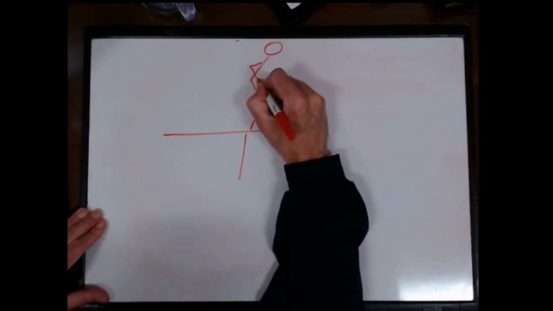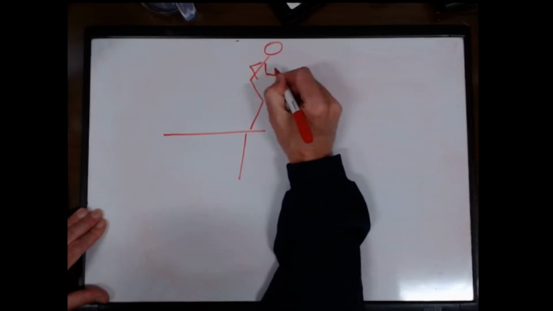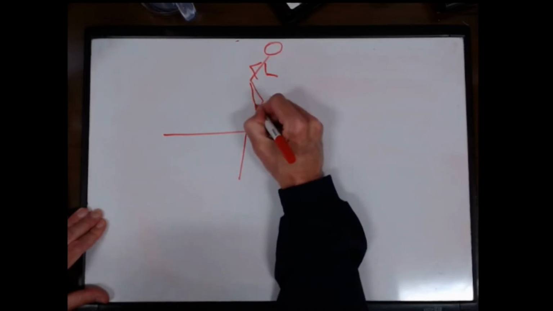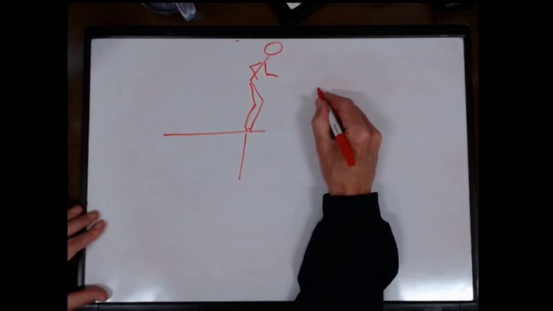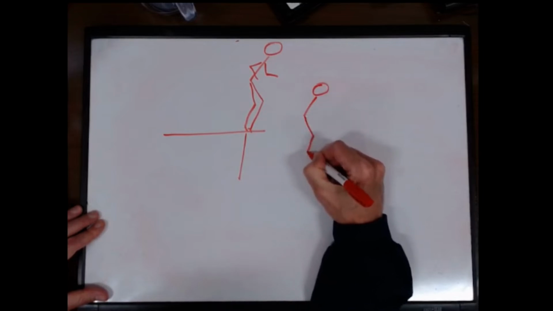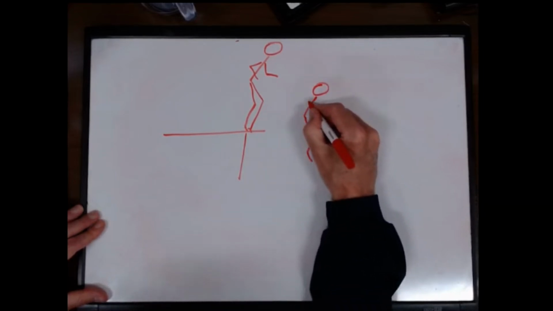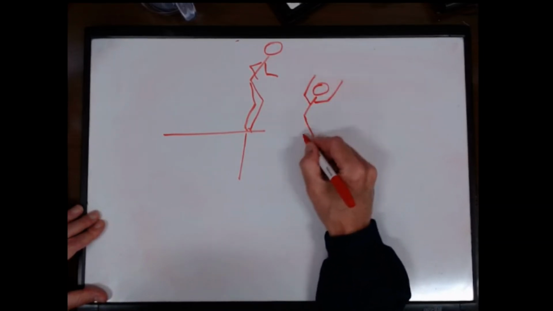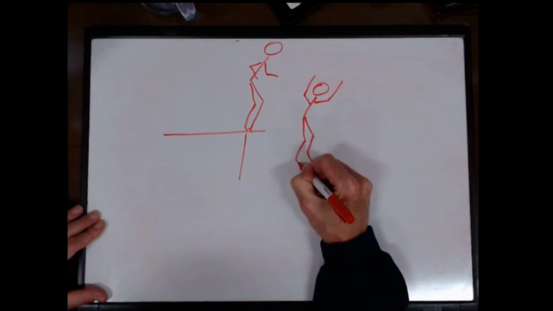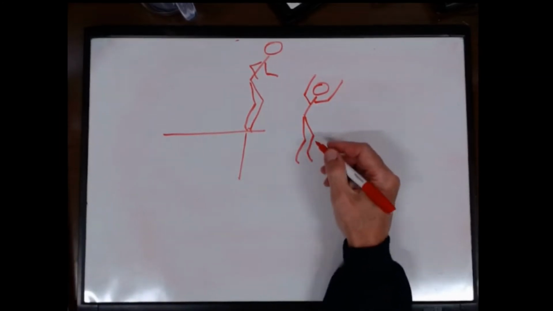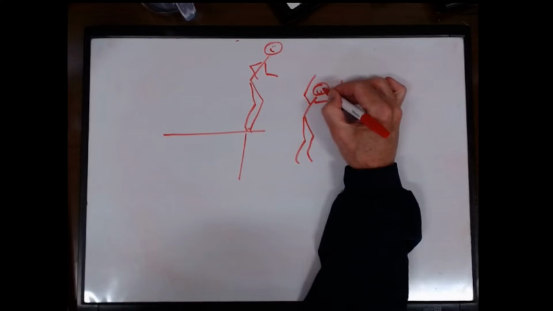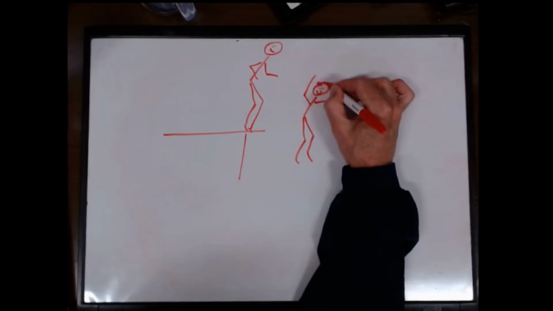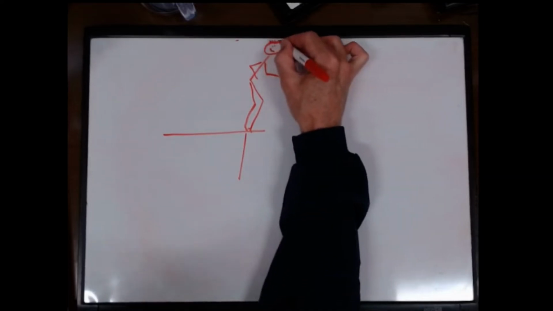So here's me getting ready to jump off a table, right? Now I jump, and I'm falling, right? Like that. And now you know what I look like.